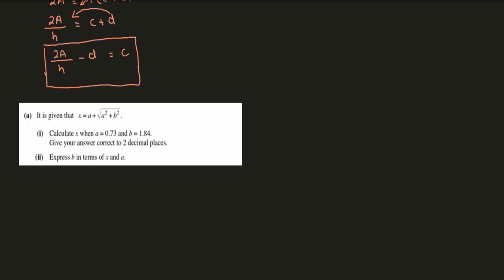So I am going to substitute this value of a right here and right here, and this value of b just here. So x is equal to a, which is 0.73, plus square root of 0.73 whole square plus 1.84 whole square.